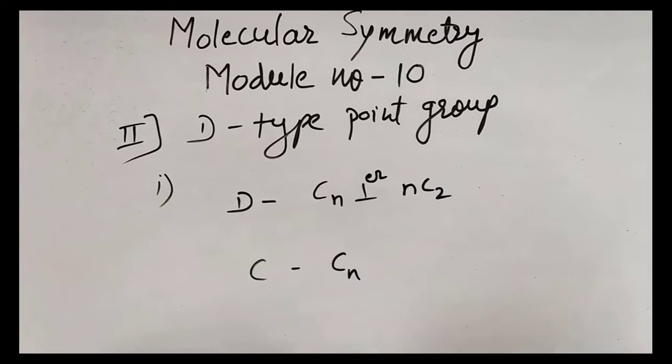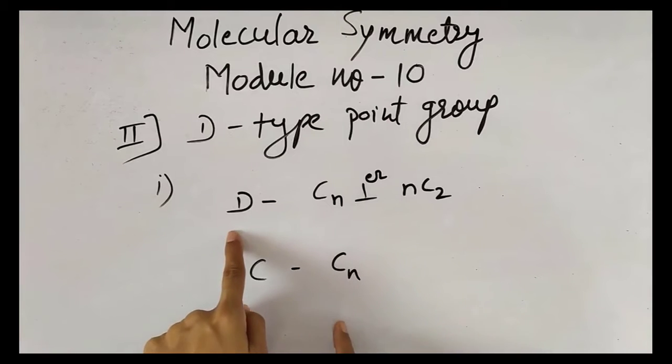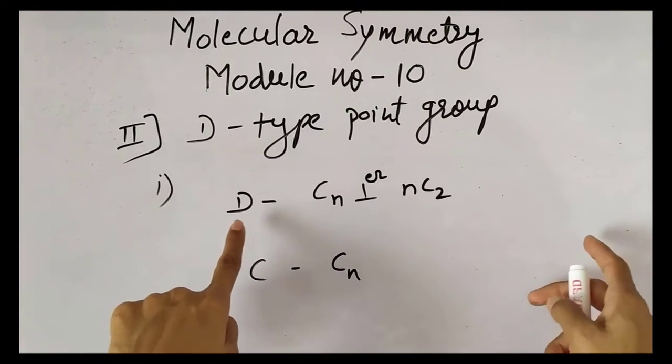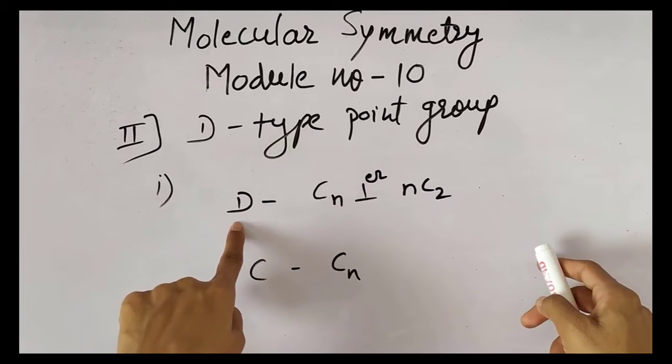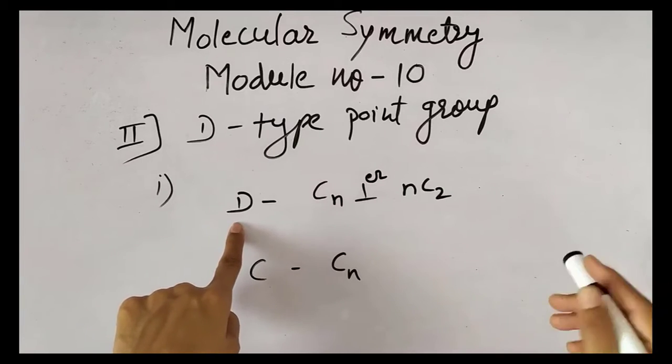What I said, in order to have C type of point group, the criteria was having Cn as the rotational axis only. But if we need to have D type of point group in any molecule, then what is the definition of D?